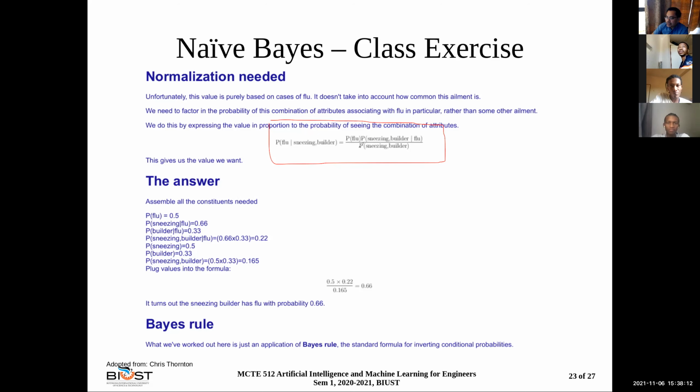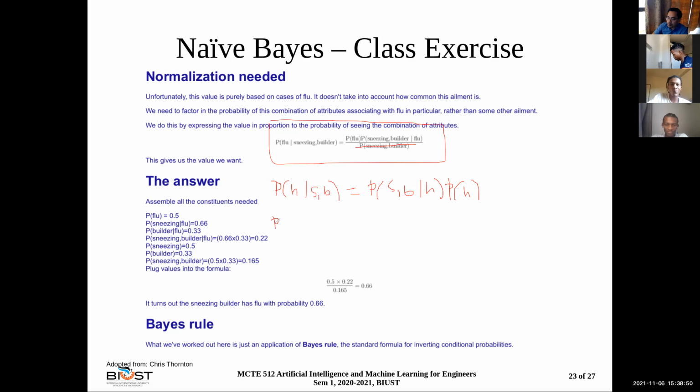Now, if we didn't consider this bottom part, we can choose not to consider it and compute the probability of hay fever given sneezing and builder. The equation will be the probability of sneezing and builder given hay fever, times the probability of hay fever, without going through the denominator. We don't need that.